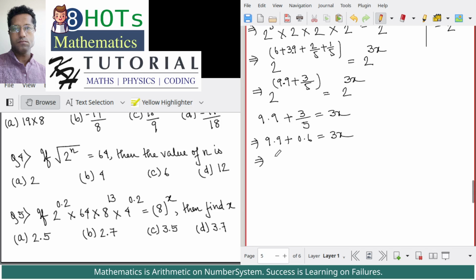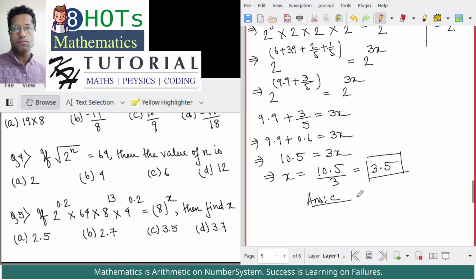This implies 9.9 plus 0.6 is 10.5 is equal to 3x. This implies x is equal to 10.5 divided by 3, which is 3.5. So the value of x is 3.5, and hence the correct choice is C. C is the correct choice.